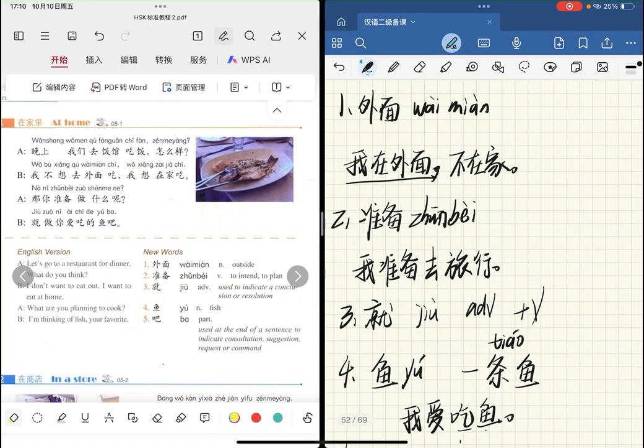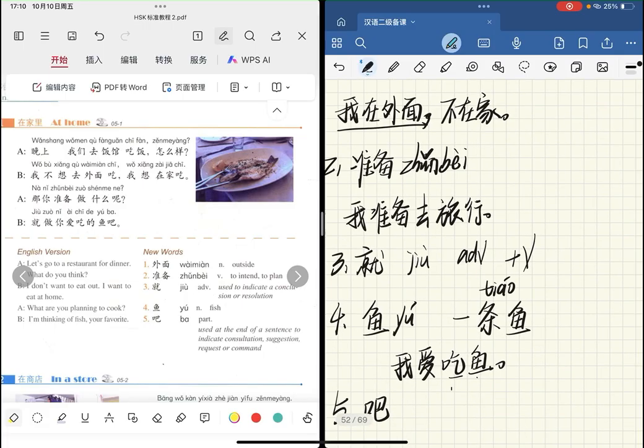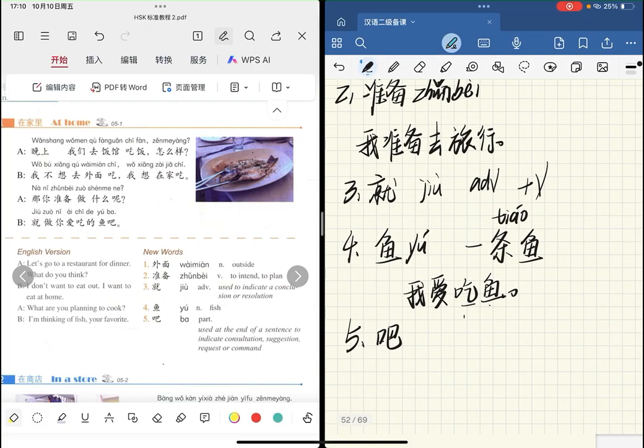Okay, so let's read together the new words. 外面, 我在外面, I'm outside, 不在家, not at home, 我在外面不在家, 准备, 我准备去旅行, 就, 鱼, 一条鱼, 我爱吃鱼, 吧.